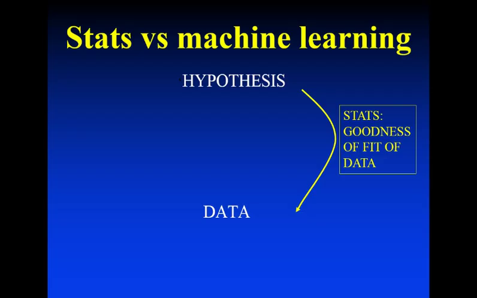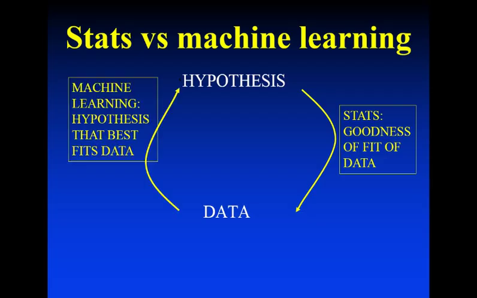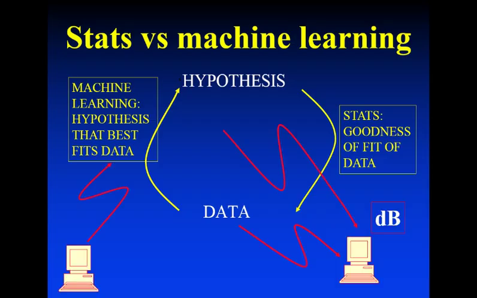By contrast, machine learning and cognate methods start with the data and find the hypothesis that best fits the data. Those are two completely opposite philosophical strategies for dealing with big data, and you can probably guess the way I speak that I prefer the left-hand version of that, and again, you need computers to help you out.